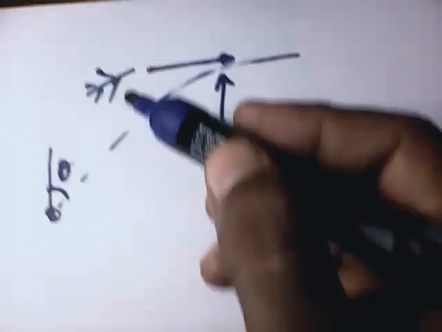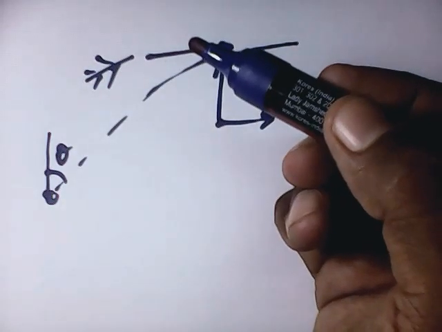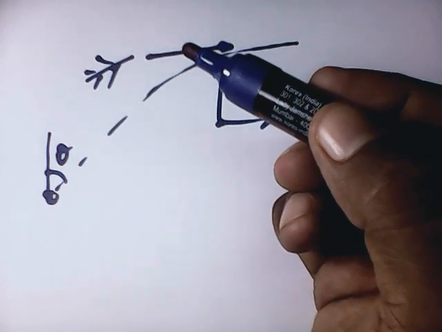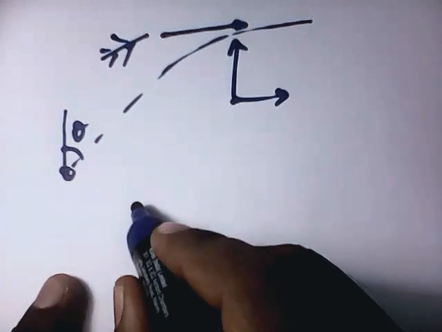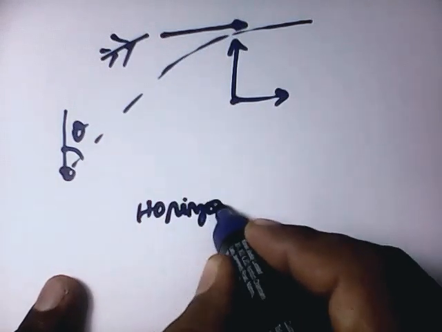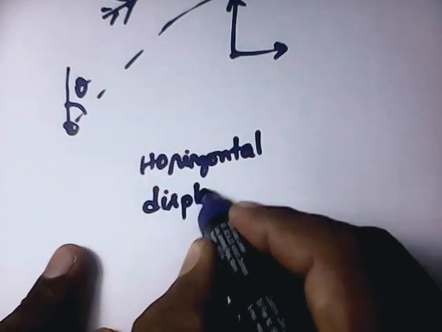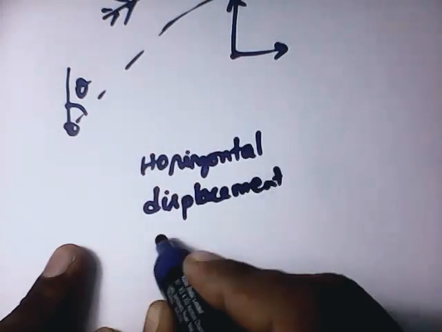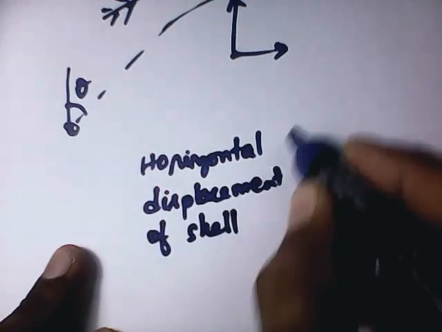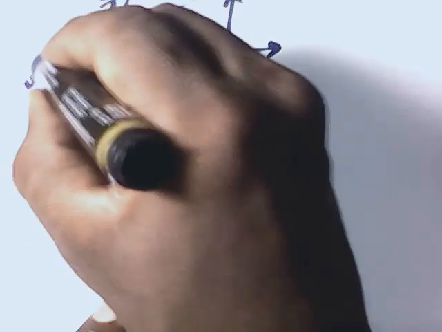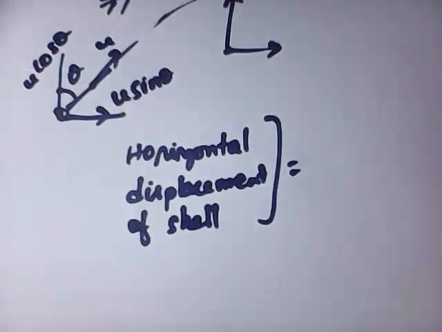So usually you put horizontal displacement of shell is equal to, see here it is u, so therefore this is u cos theta, so this becomes u sin theta.